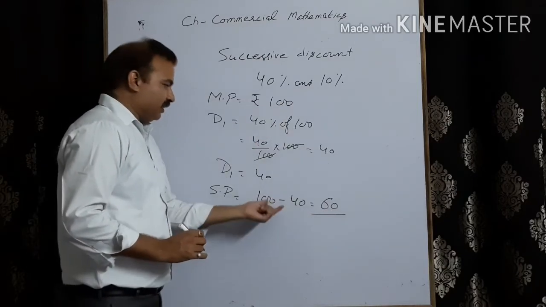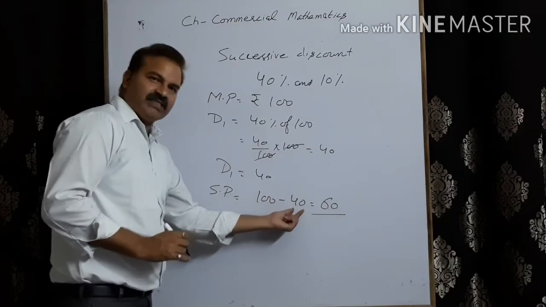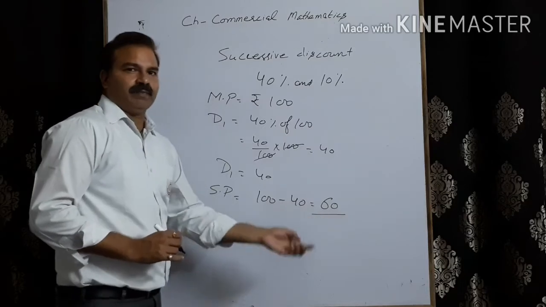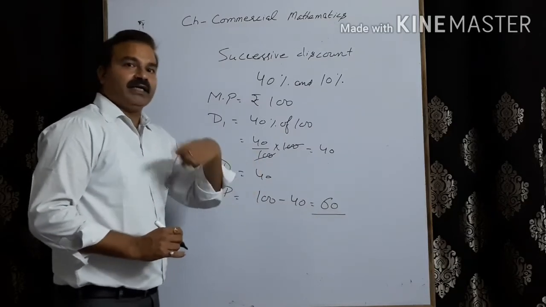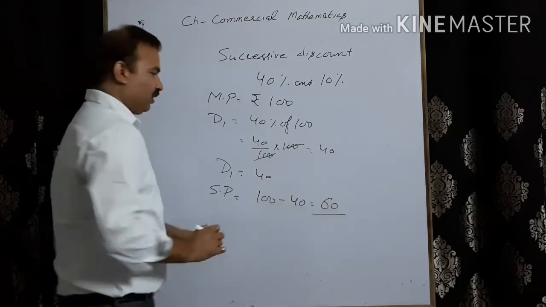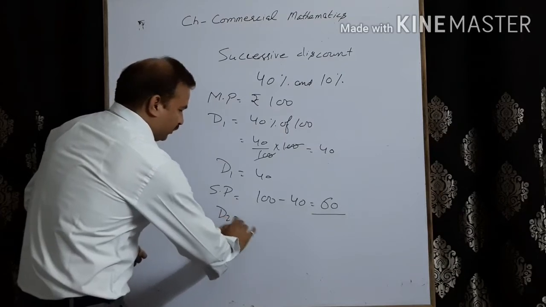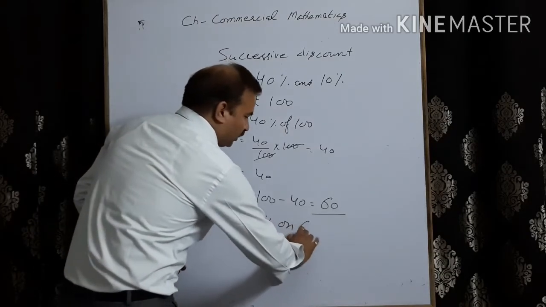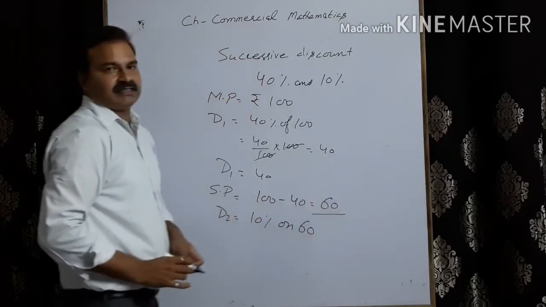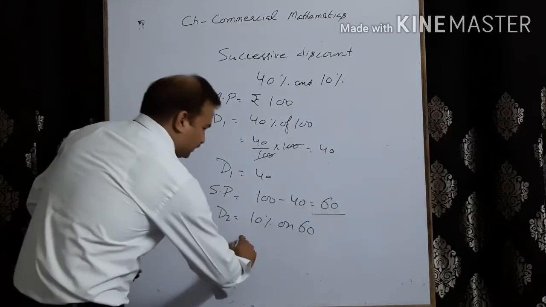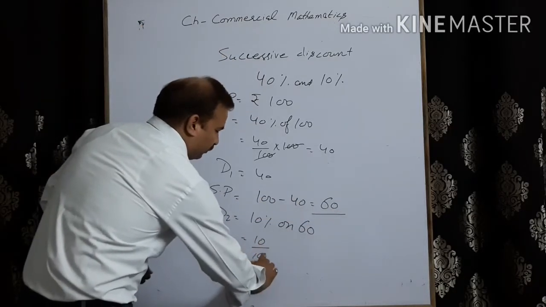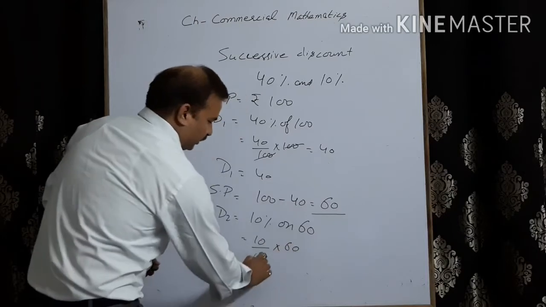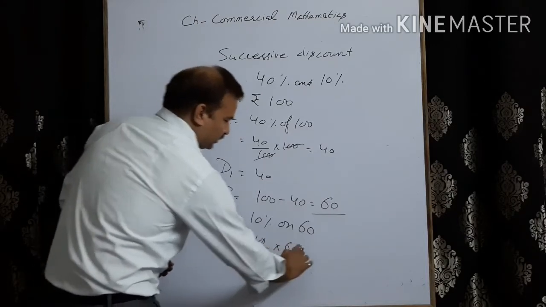After subtracting the first discount, whatever the amount is coming, the person will give a discount on that amount. Now, what is the second discount? The second discount is 10%. 10% on what? Now, this is on 60. So 10% on 60. 10 cancels with 10.